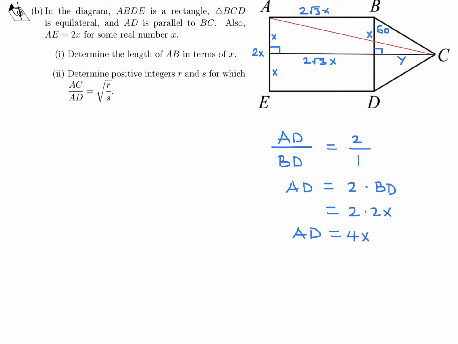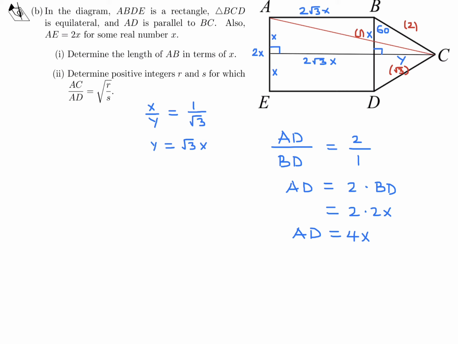So that means that X over Y would be, if you remember the ratios again, 2, 1, and root 3. So X over Y would be the equivalent of 1 over root 3. And therefore, cross multiply, and X times root 3 would be equal to Y.